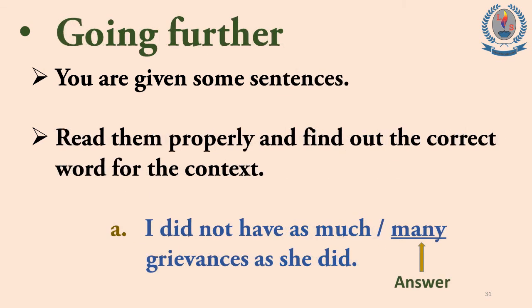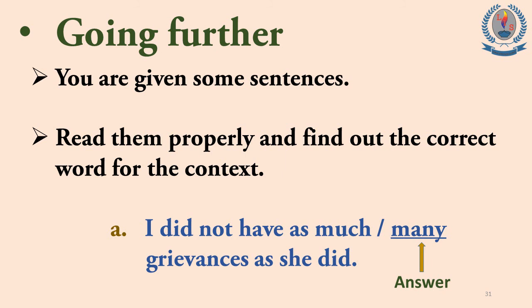Going Further, you are given some sentences. You need to read them properly and find out the correct word for the context. As an example, I did not have as much or many grievances as she did.